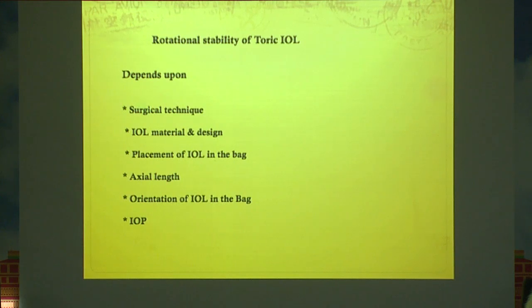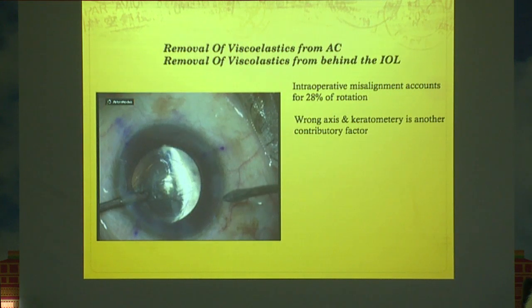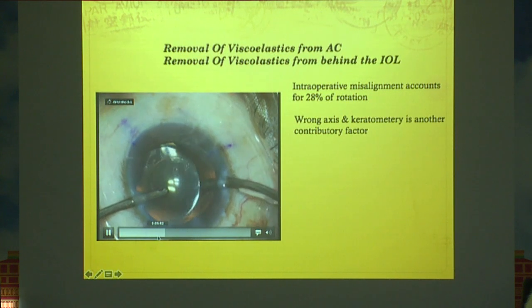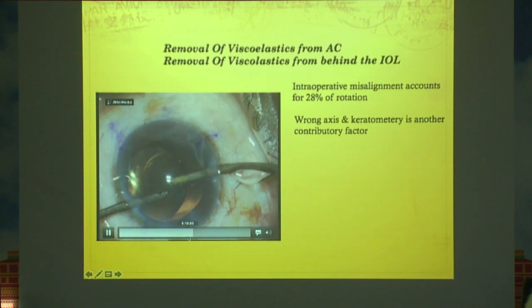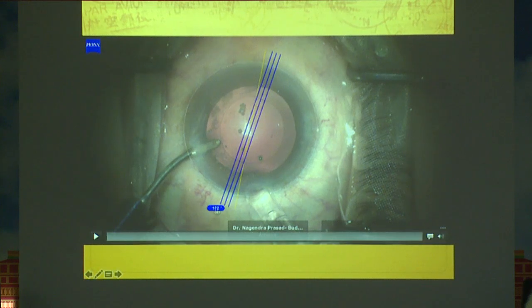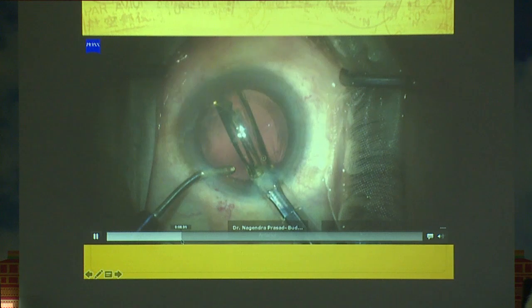Now coming to the intraocular pressure, keep your intraocular pressure at an optimum level. If you overinflate, then there is capsular bag enhancement. Removal of viscoelastics is very important, and you must remove it from the posterior aspect after the implantation, after the placement of the IOL, or you can use the hydroimplantation technique like this, after implantation.